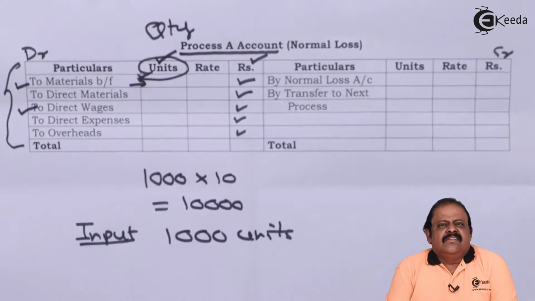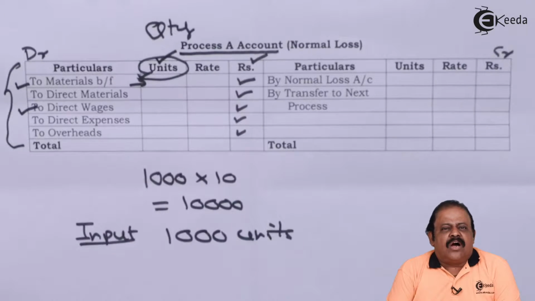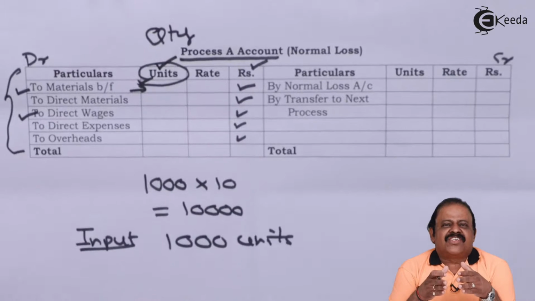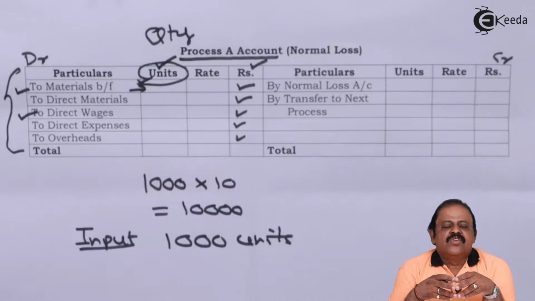So if there is input of 1000 units, are we going to get output also of 1000 units? There is no possibility that we'll be getting entire amount in output, because in production process the material is being introduced in machinery, so there is possibility that we may be losing some of the quantity of input units, so output may not be equal to the input units.